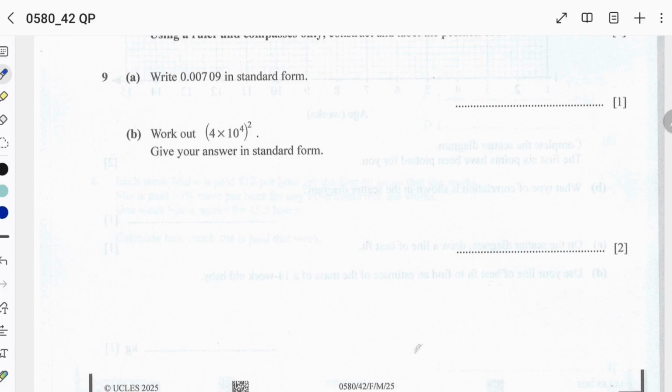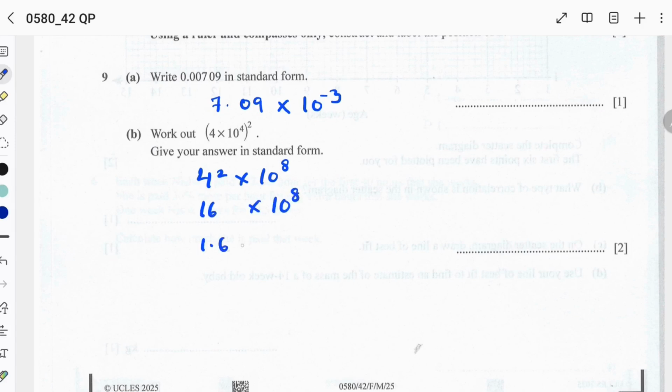The next question is write 0.00709 in standard form. Obviously the negative power it will be. So that will be 7.09, and it's at the third place, so multiplied by 10 to the power minus 3. Now this part, 4 squared into 10 to the power 8. 4 squared is 16 into 10 to the power 8.